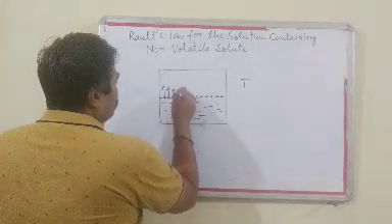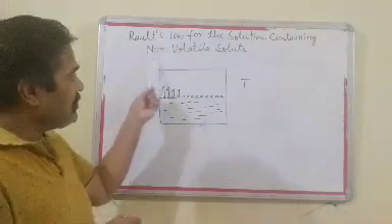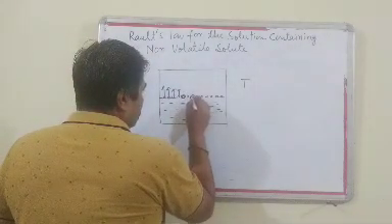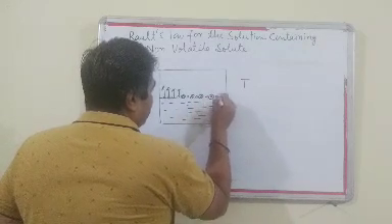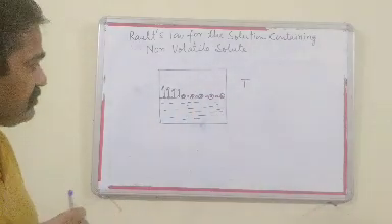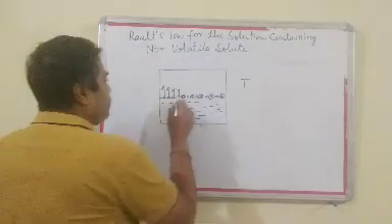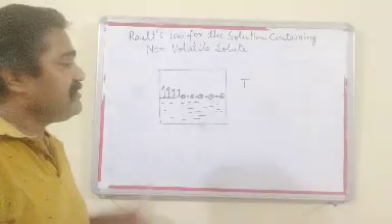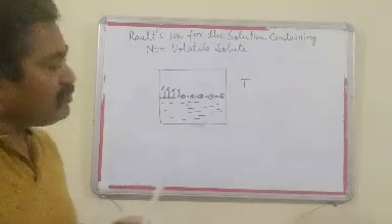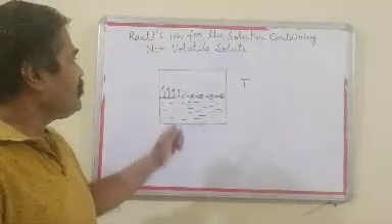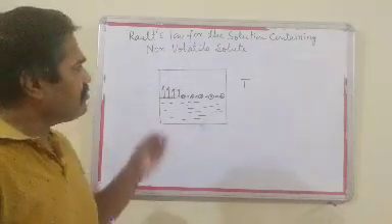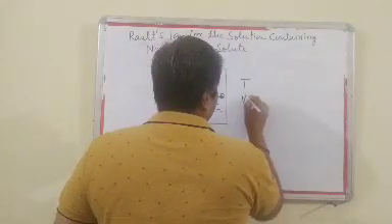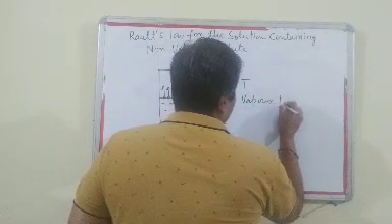But when the non-volatile solute is added, some places on the surface are occupied by this solute. Since it is non-volatile, it does not vaporize. So the surface from which vaporization is taking place is reduced. So we can say that in a pure liquid, by adding some amount of non-volatile solute, its vapor pressure is decreased.